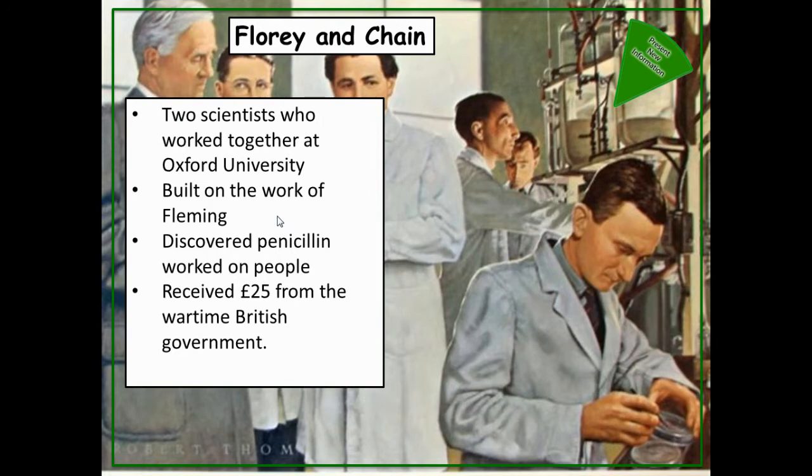But what they proved was if you gave penicillin to people, you could stop infections and therefore prevent a lot of deaths. As a result of their work, they were funded, they were given £25, which is about £5,000 in today's money, by the British wartime government to further their research on the mass production of penicillin. How can we make enough penicillin to save millions and millions of troops in World War II?